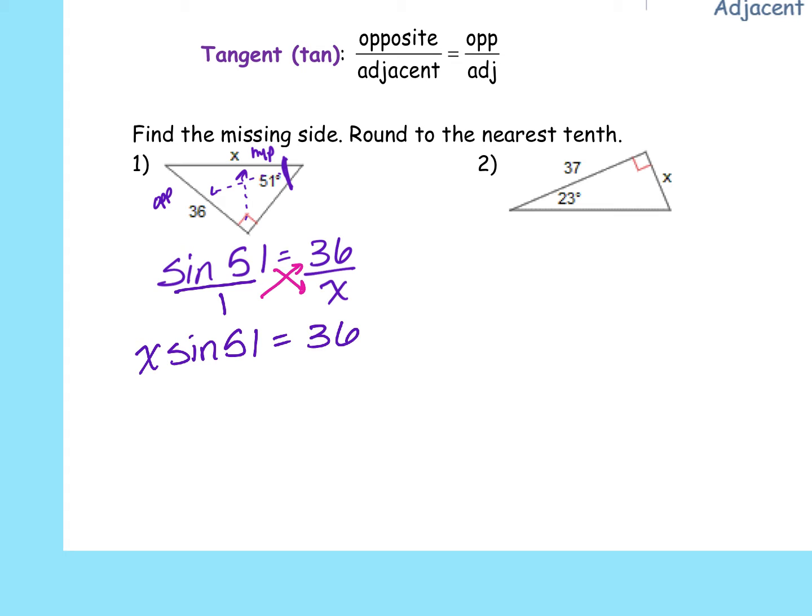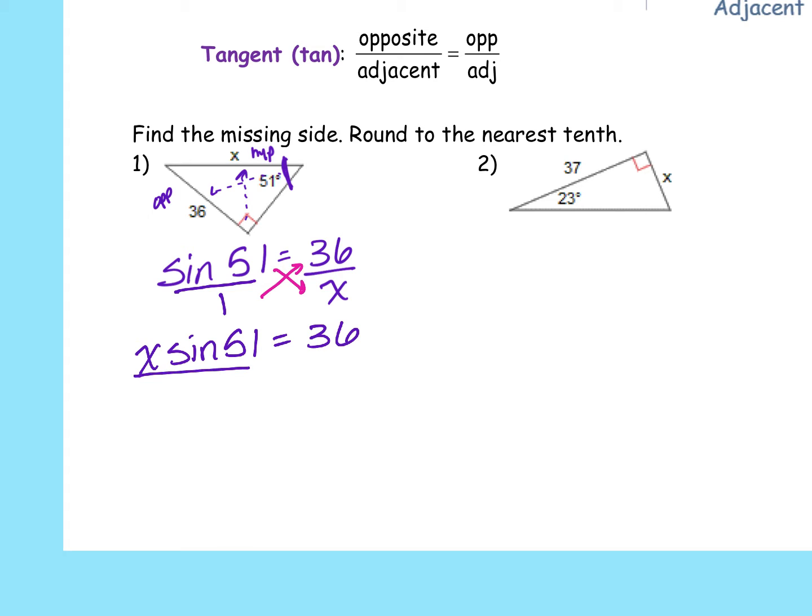So how do I undo times? Divide. It's just like if that said 51x, I would divide by 51, right? Just because it has a sine in front of it doesn't change that. It's just some decimal number that we don't want to write out because it's non-ending, non-repeating. So we leave it nice and neat, writing it as sine of 51 until we put it into the calculator. Does that make sense?